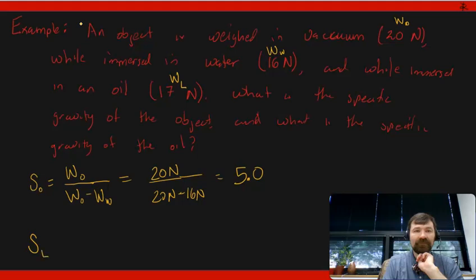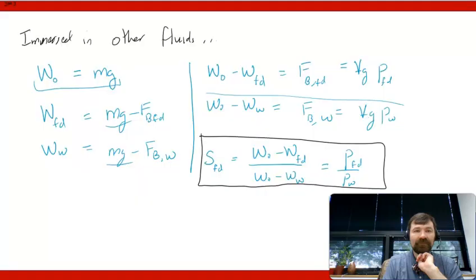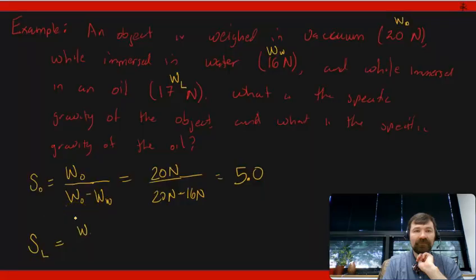All right, what about the specific gravity for the oil? For that one, we're basically using this difference of weight in the fluid versus weight immersed in water. So you're looking at W0 minus WL divided by W0 minus WW.